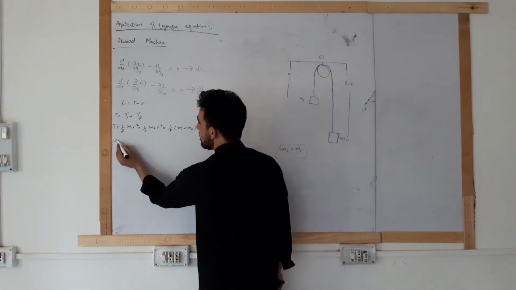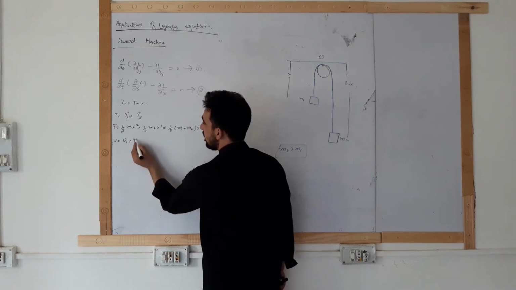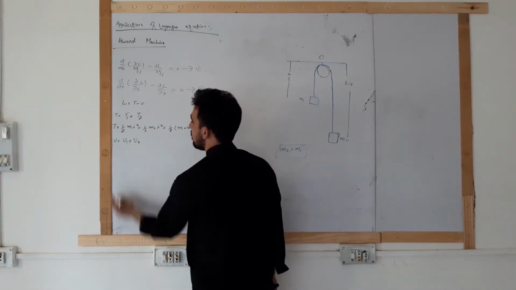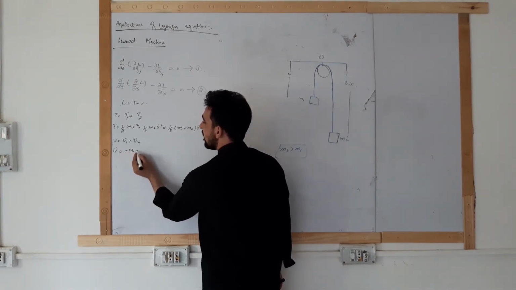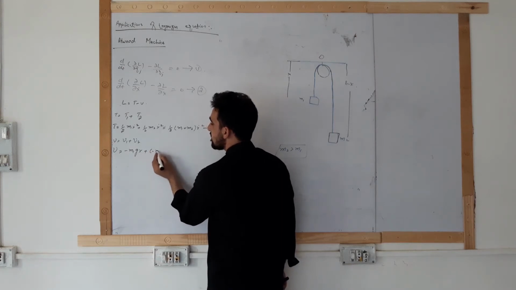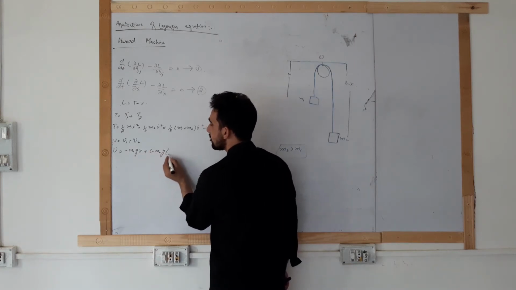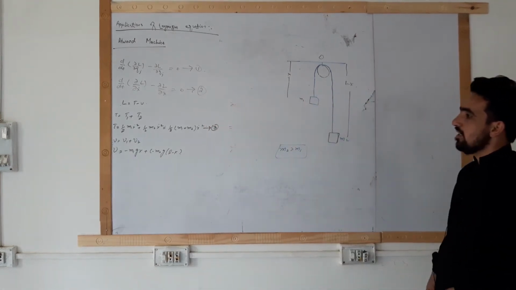Similarly, potential energy is the sum of V1, that is the potential energy of mass 1, and V2, the potential energy of mass 2. So the net potential energy is minus M1 g x minus M2 g times L minus x.